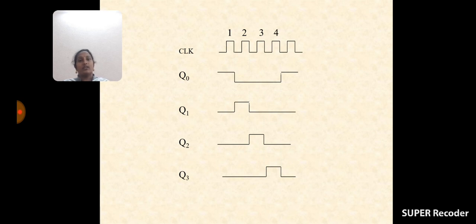Next, for the first, second and fourth, Q2 is 0. It means every flip-flop will produce a high level output only for one clock pulse, and for the remaining clock pulses it is equal to 0. So this is the timing diagram of the ring counter.